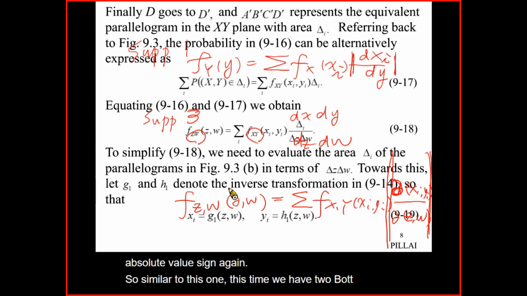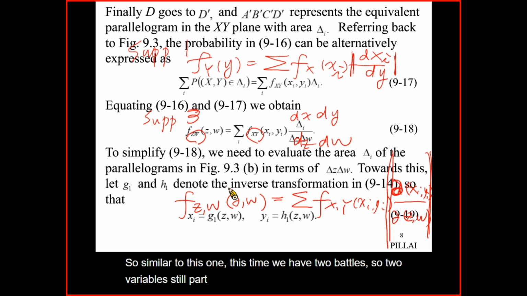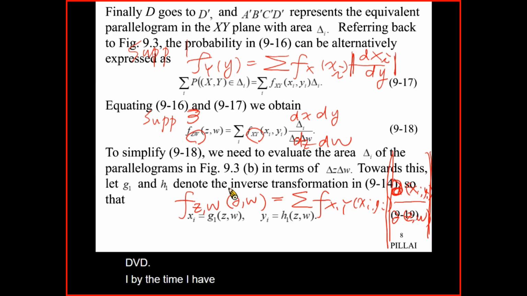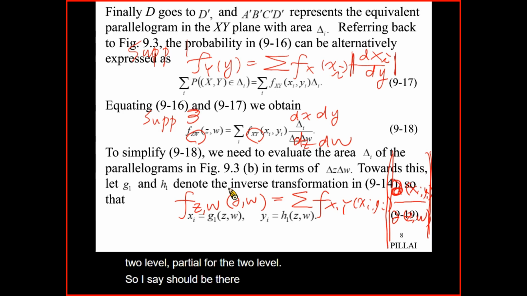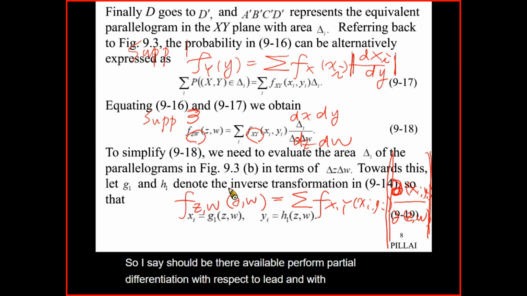So two variables still partial, something like partial xi, partial yi over partial z, partial w. But this time I have the new notation, partial for the two variables. So actually it should be the third variable, performing partial differentiation with respect to z and with respect to w.